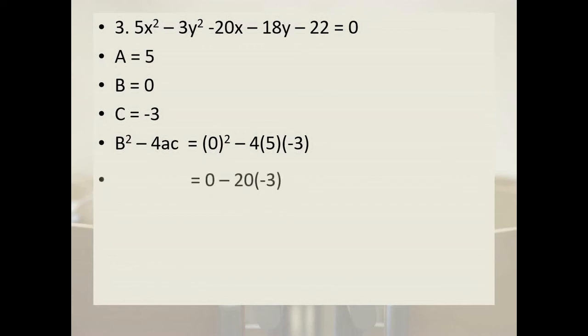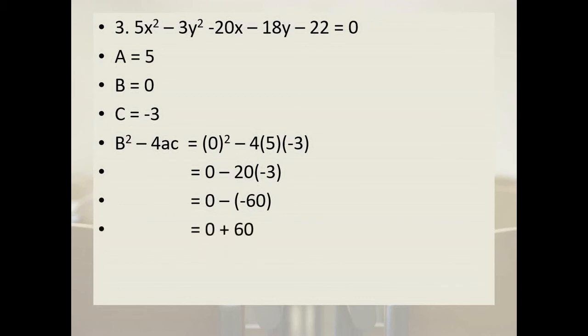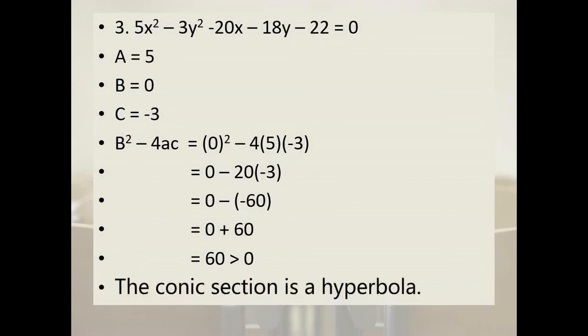So that is equal to 0 minus 20 multiplied by negative 3, which is 0 minus negative 60. So that would be 0 plus 60. So 60 is greater than 0. So the conic section is a hyperbola.